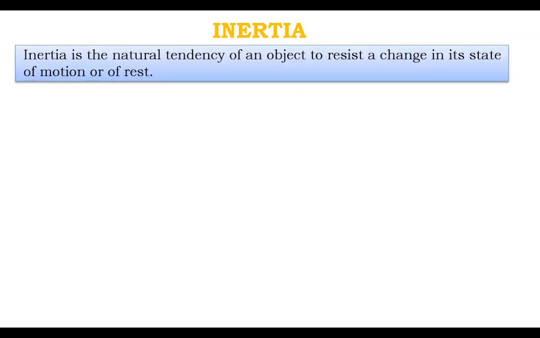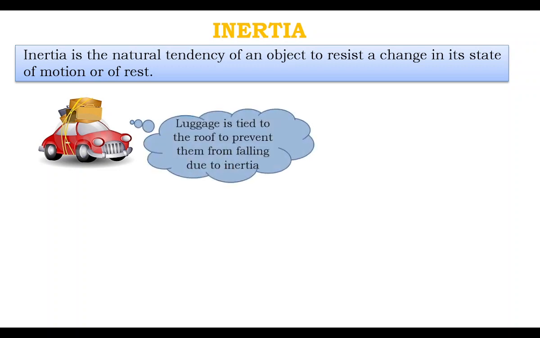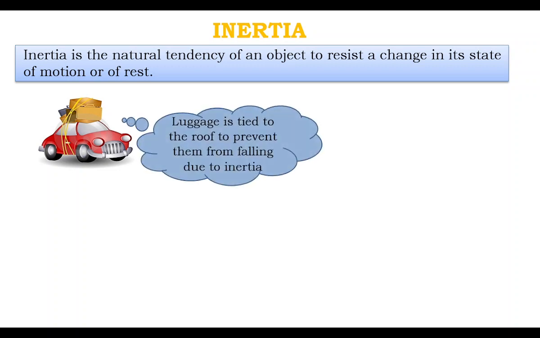It will not allow or accept that change. So inertia is a natural tendency of an object to resist a change in its state of rest or of motion. So as you can see, when we are keeping something on the car, we are tying it with the ropes, right? We have to, otherwise they will fall down. Why? Due to inertia.